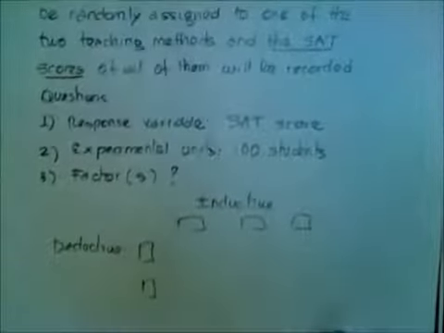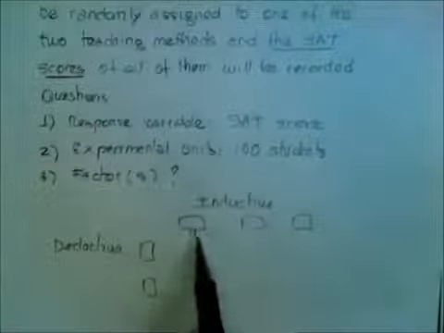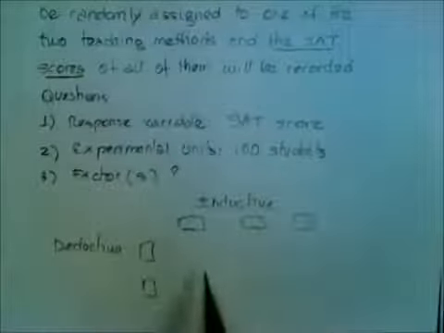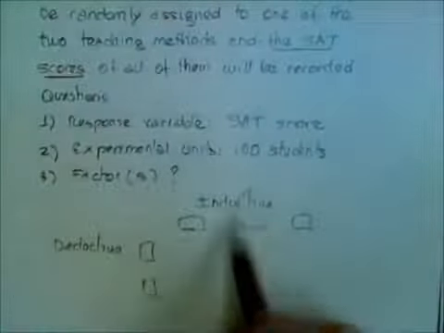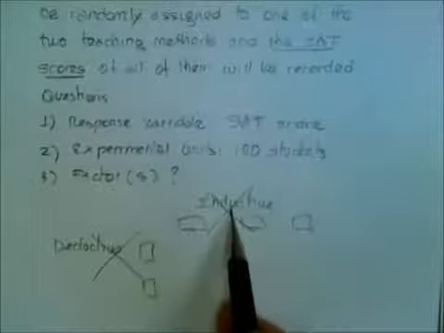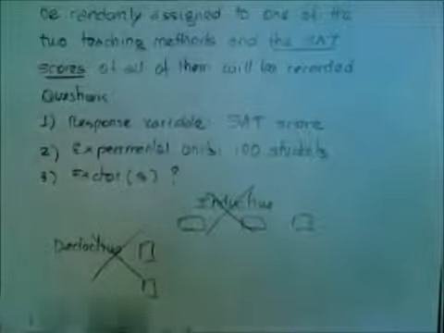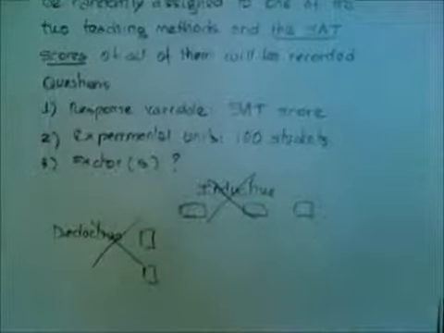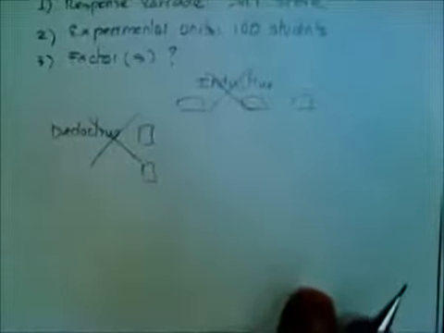So when you are answering questions like this and you thought that inductive was one of the factors and you cannot find the levels of this factor, then most likely that is not a factor. And this is not a factor. Most likely they are levels of another factor. So that was not the right answer.